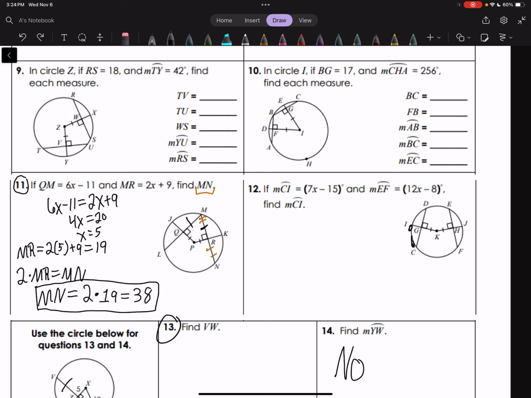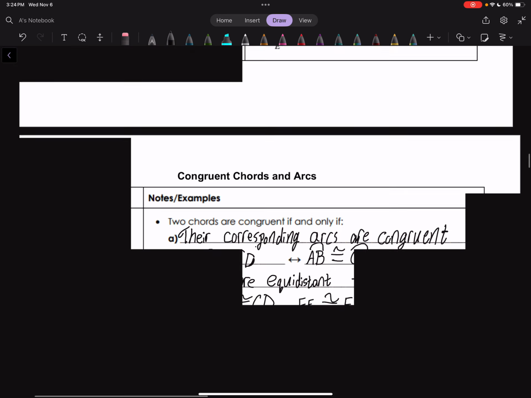But arc CI is equal to 7x minus 15. And arc EF, which is both halves, is equal to 12x minus 8. Now, I know that the arcs are congruent because of rule 1. Let me go up and look. Rule A, whatever it is.